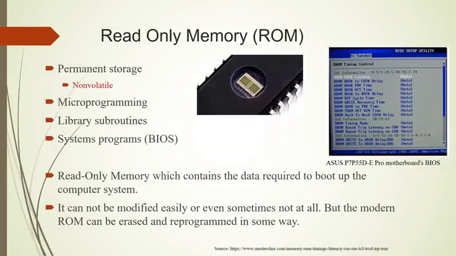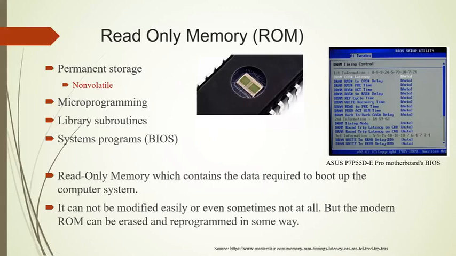Here, read-only memory: permanent storage, non-volatile, microprogramming, library subroutines. That means they have libraries, that means they have functions. System program, BIOS. BIOS comes under ROM. Here you can see on the left side, when you are booting, if you press F2 or F10, you can go to the BIOS settings.